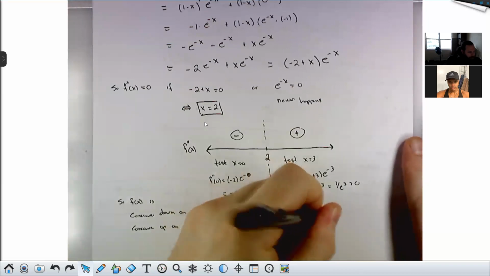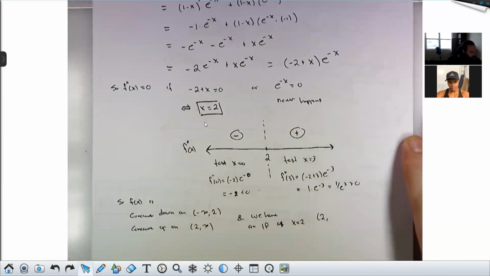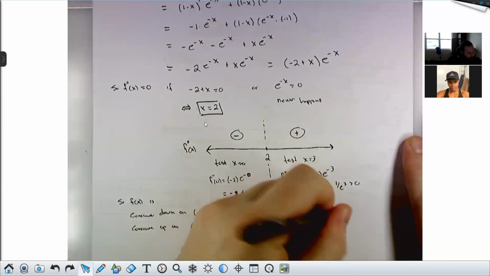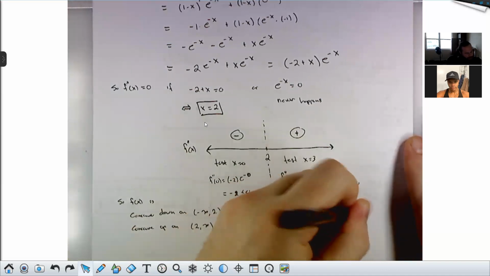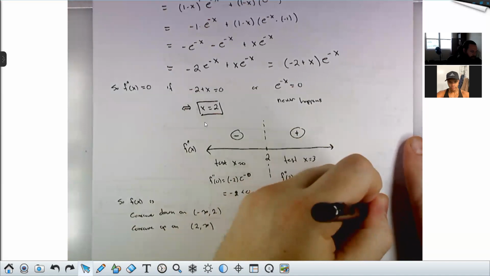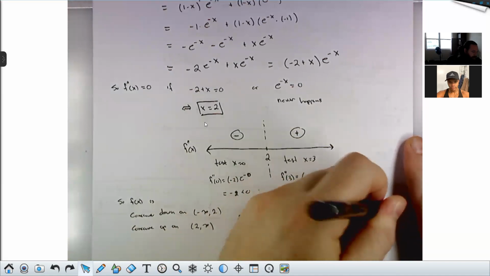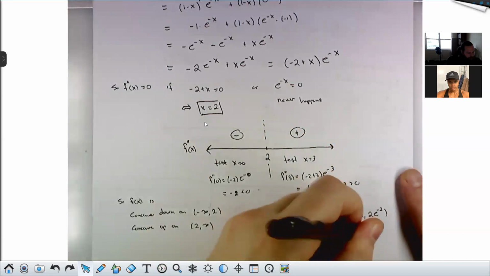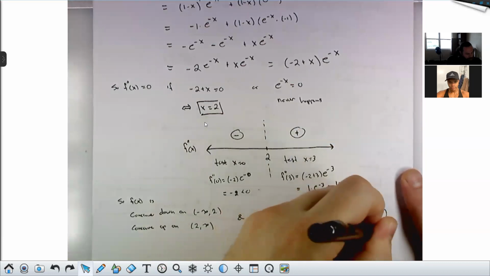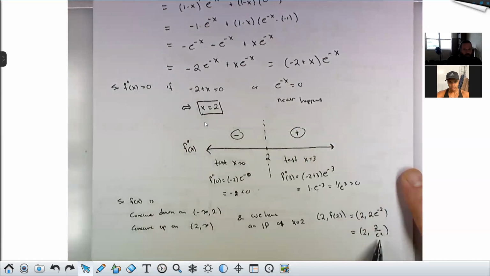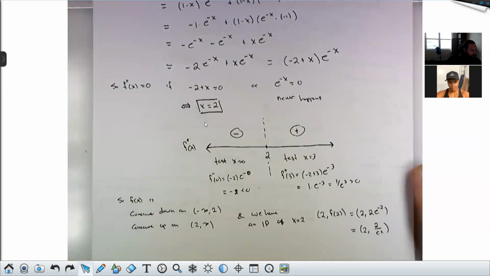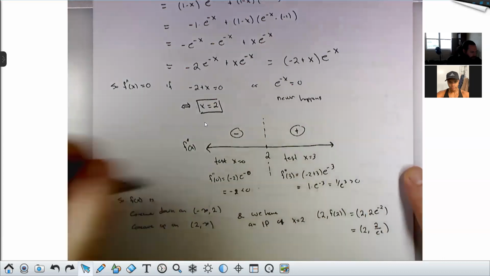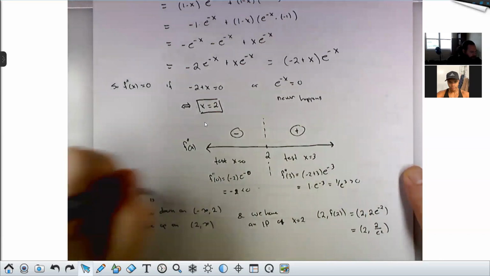The point here is 2 comma f of 2, and f of 2 is 2e to the negative 2. And if you want, that's 2 comma 2 over e squared. E is pretty close to 3, so e squared is pretty close to 9. So this 2 over e squared, it's a small number. And this is all the stuff we get from the second derivative.